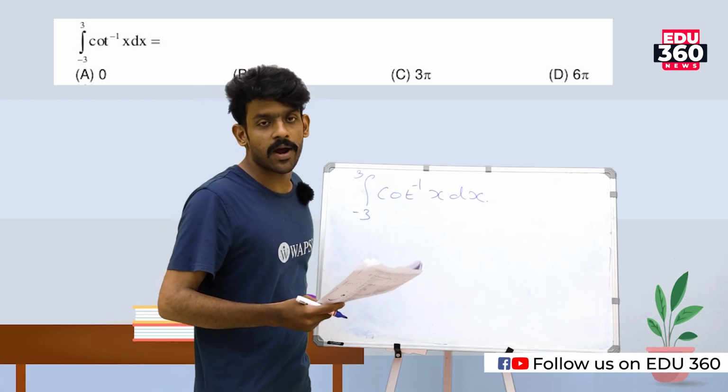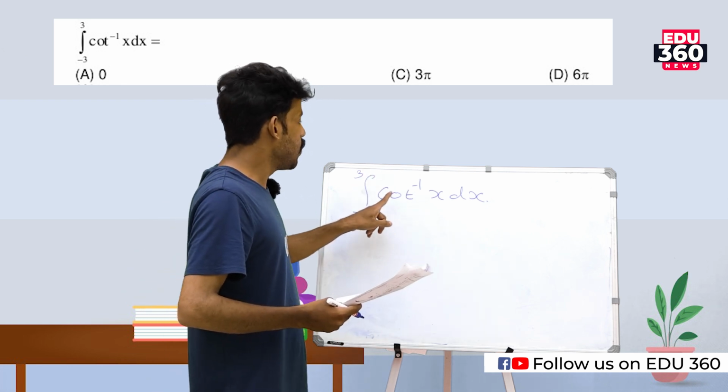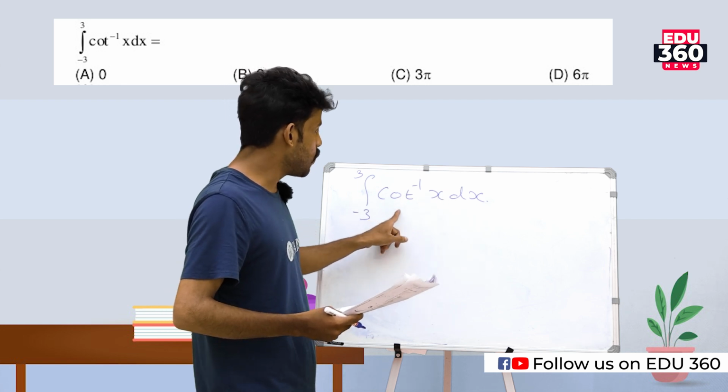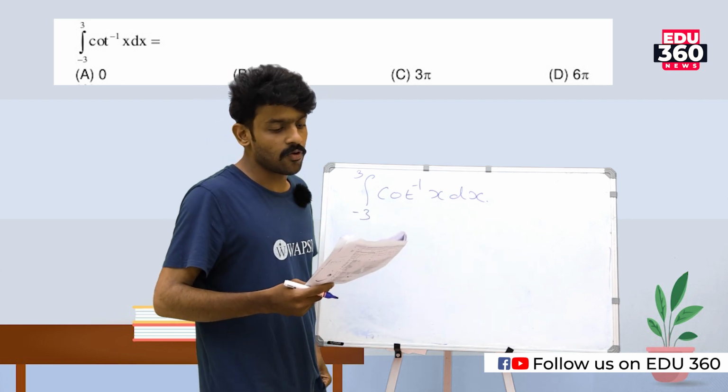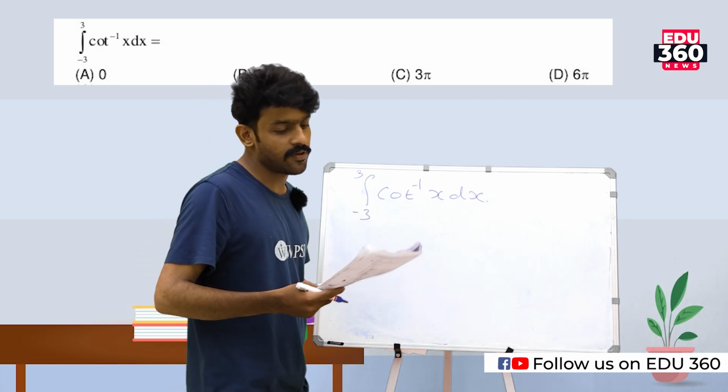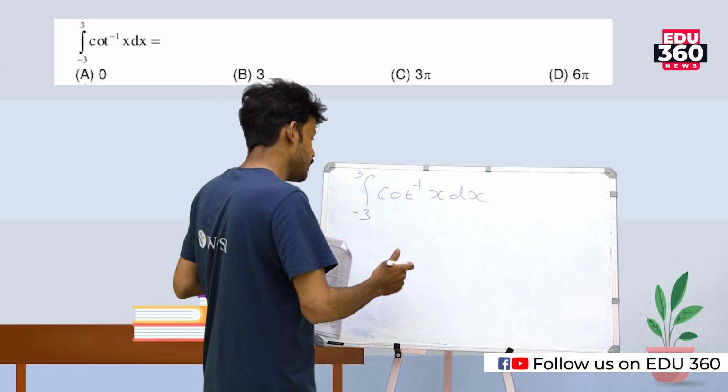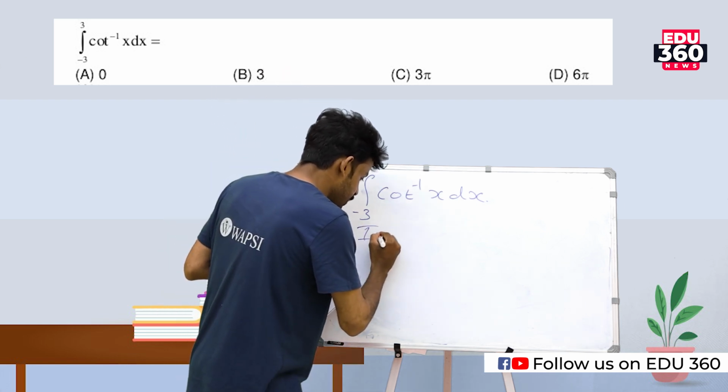For this one, just look here. Cot inverse x dx. Here we can use integration by parts.